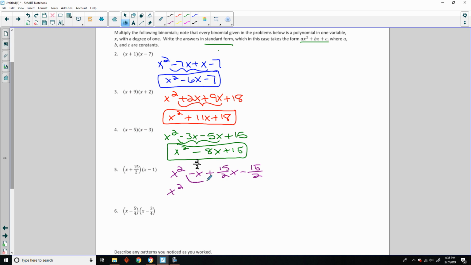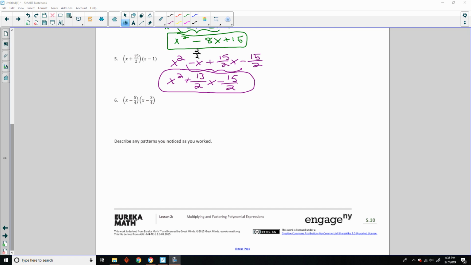I'm going to combine these, which is a negative 2 halves plus 15 halves, so 15 minus 2 is 13 halves x, minus 15 halves. So be careful with that, and remember that a whole number can be represented as a fraction.